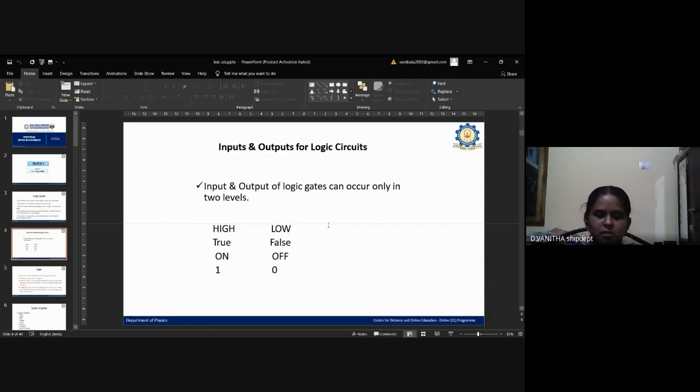Next, the output and input of logic gates can be explained by two levels.